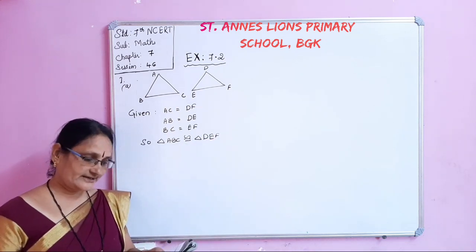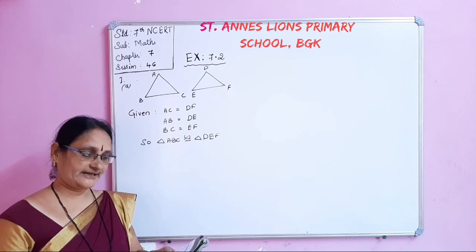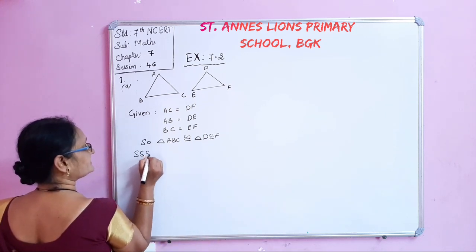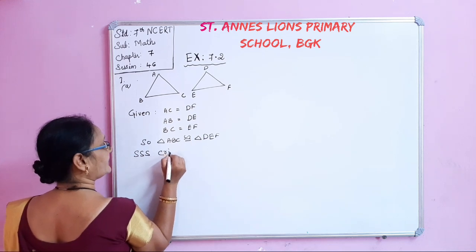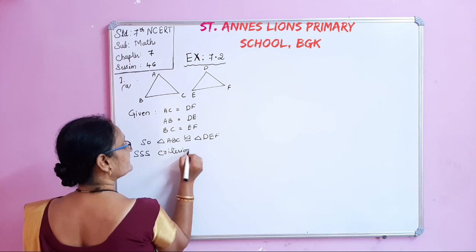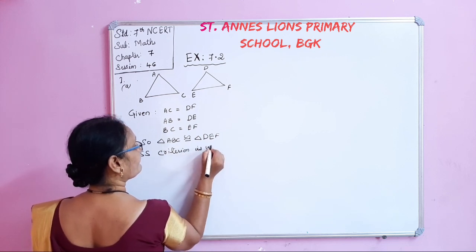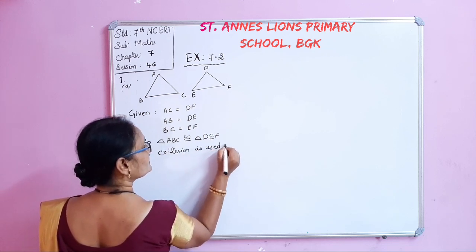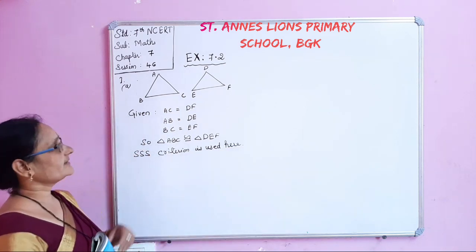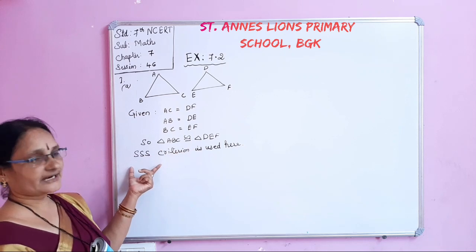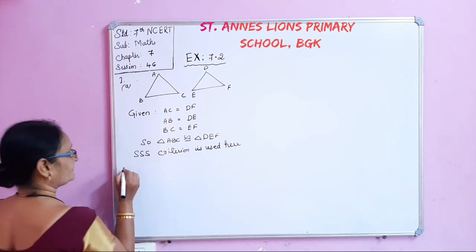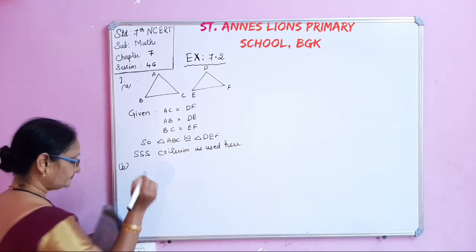Which criterion is used here? Just by seeing the given things, you have to write which criterion is used. This is A. Now the same way, B.